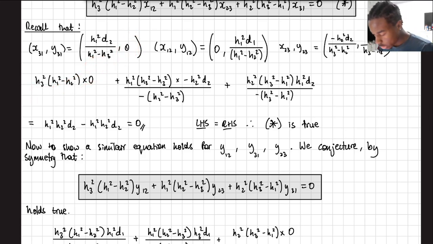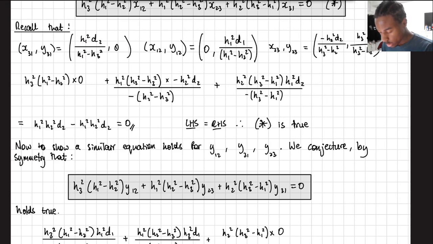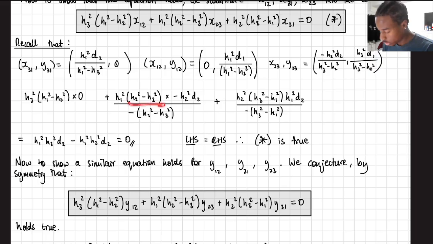Our x12 is h1 squared d1 over h1 squared minus h2 squared. Now, I have a h2 squared minus h3 squared here, but I have a h1 squared minus... sorry, I was looking at the wrong one. Yes, so this is looking at 2, 3. Okay, so 2, 3, and we're looking at x.